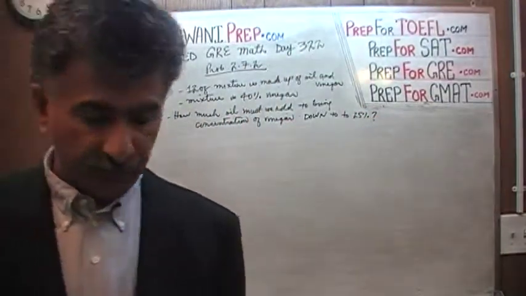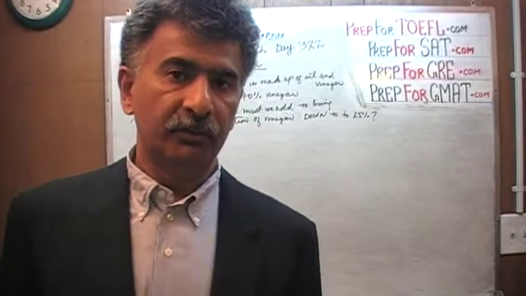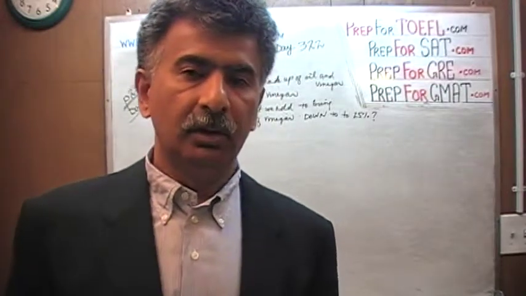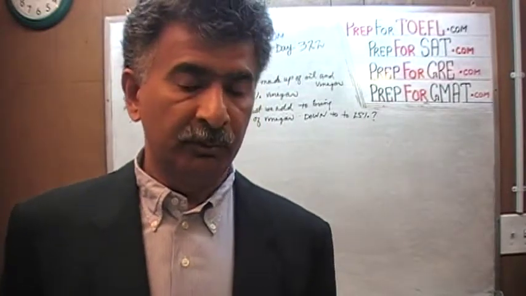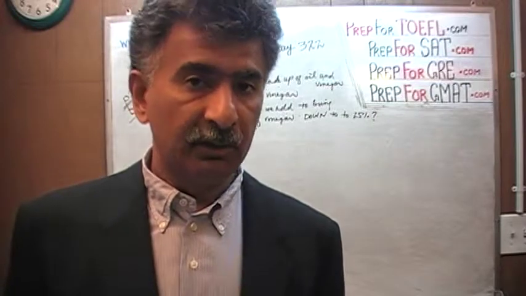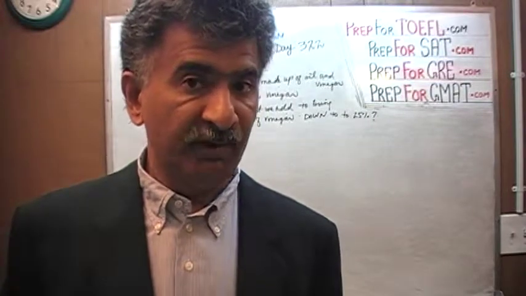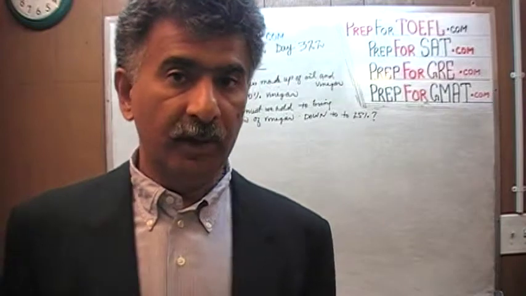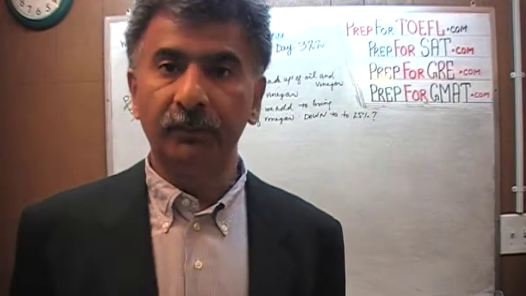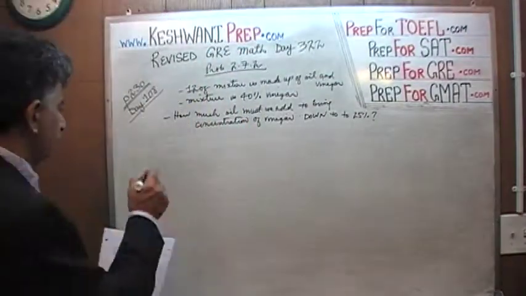As it stands, we start out with a concentration of 40%. We would like to dilute the mixture, bring the concentration down from 40% to 25%. How much oil do I need to add to the mixture to bring the concentration down? That's all it is.